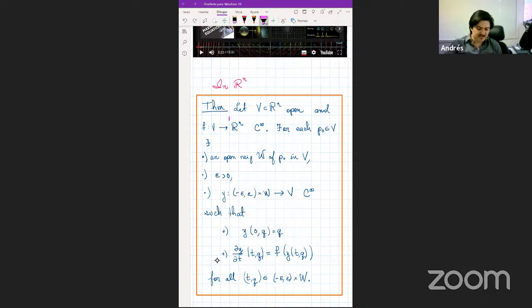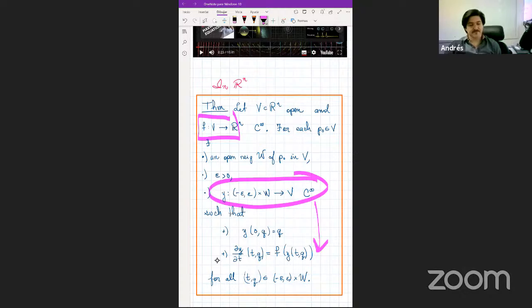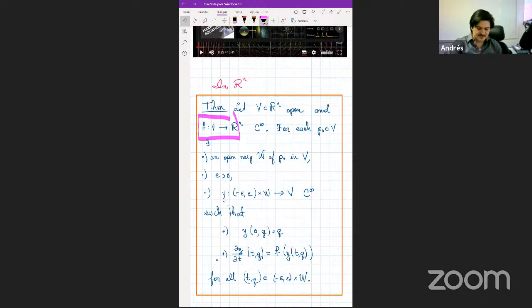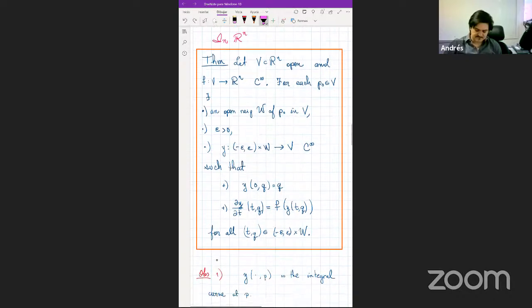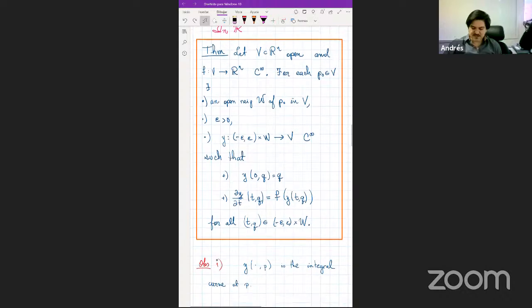The only input is this, and the output is this with all of this. Okay. So these are just some observations. This is actually the integral curve of the vector field F at P. Right?